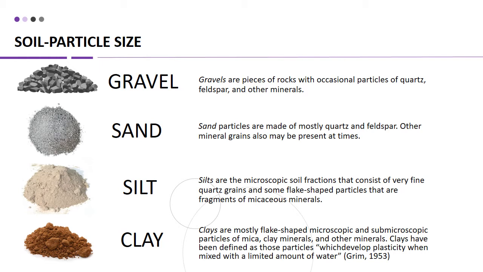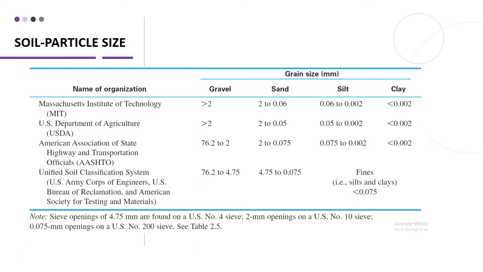Clays have been defined as those particles which develop plasticity when mixed with a limited amount of water. So what does this mean? It is said that when the clay is mixed with water, it can develop a certain type of plasticity.